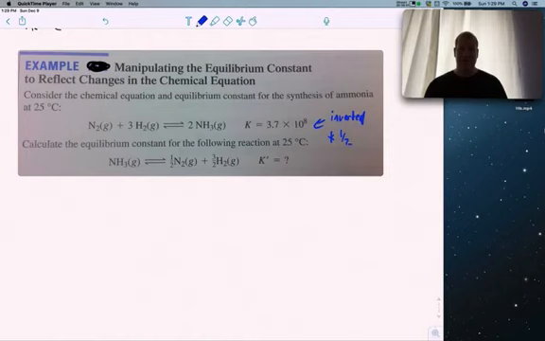So that means our new K prime is going to be 1 over the square root of the equilibrium constant. So this is going to be 1 over the square root of 3.7 times 10 to the 8th.